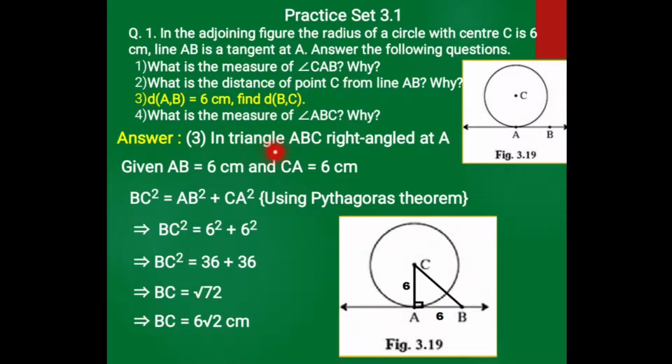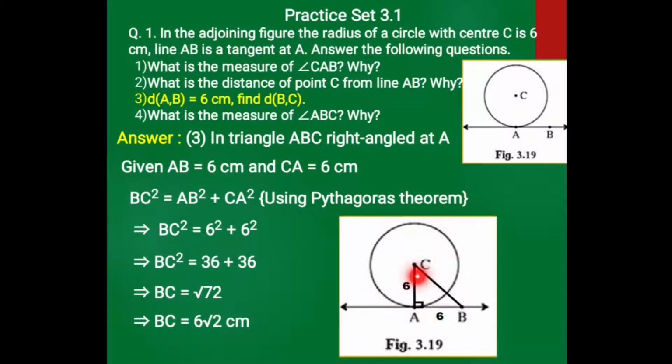See here, in the figure, in triangle ABC, there is a right angle at A. At A the angle is 90 degrees. So given AB equals 6 centimeters, CA equals 6 centimeters. So we use the Pythagoras theorem.